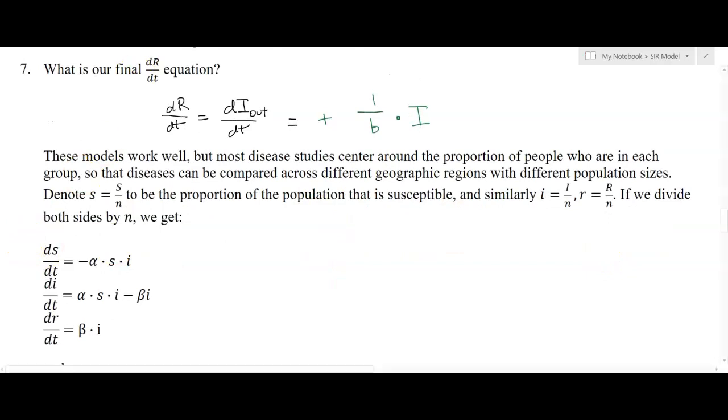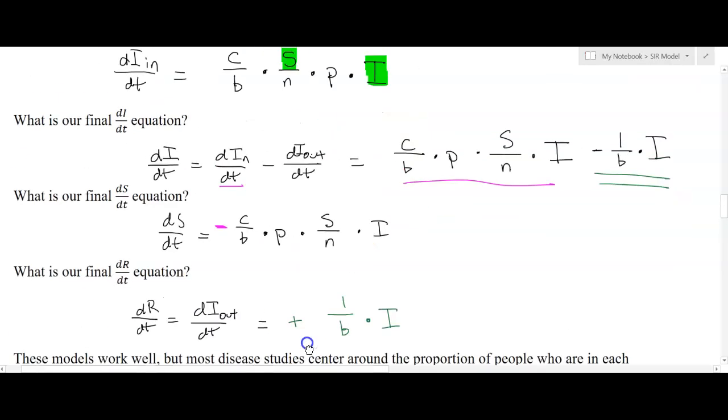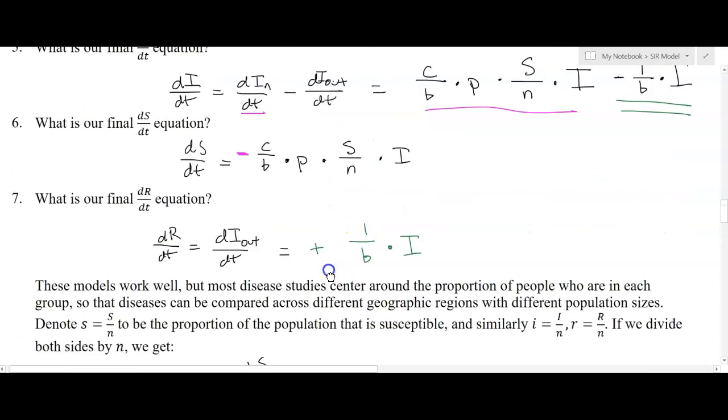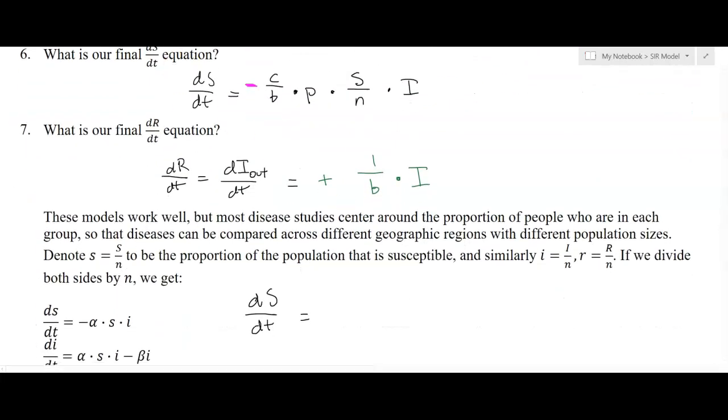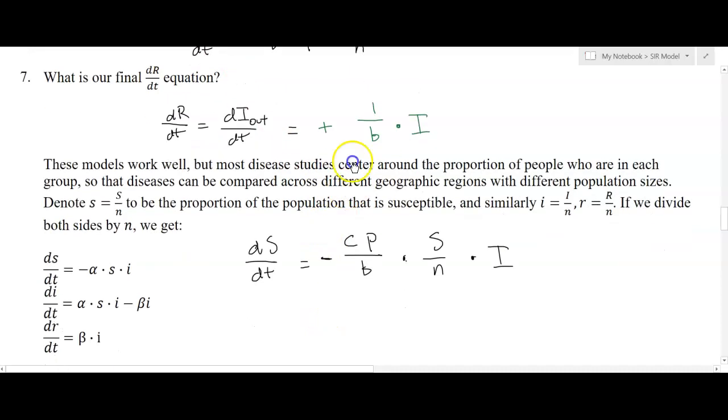So if we take our original dS/dt model, the big messy thing, negative C times P divided by B times S over N times I, and that's negative because those are people leaving the susceptible group, nobody's arriving there.